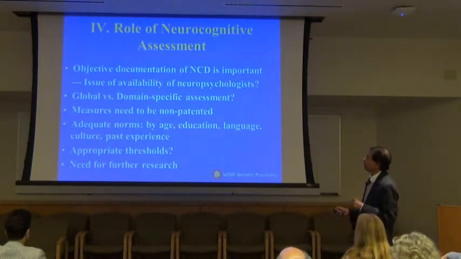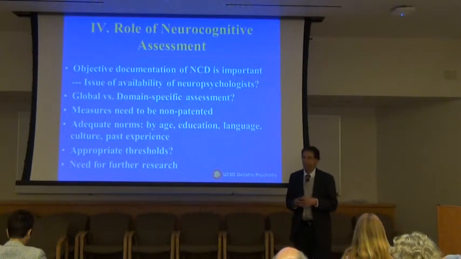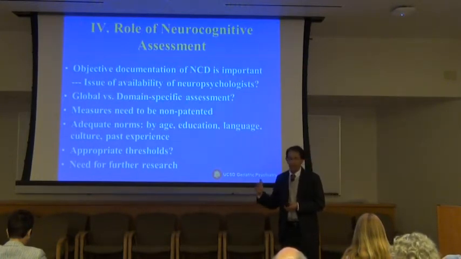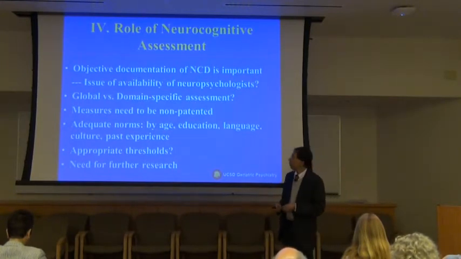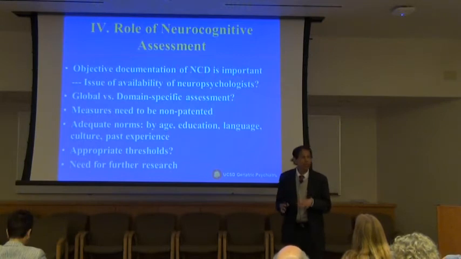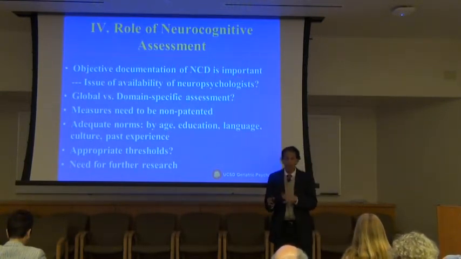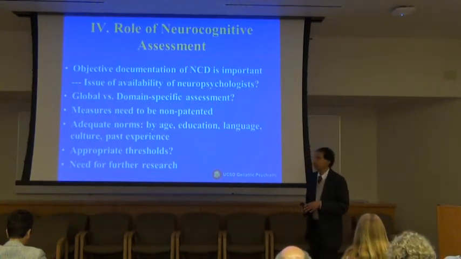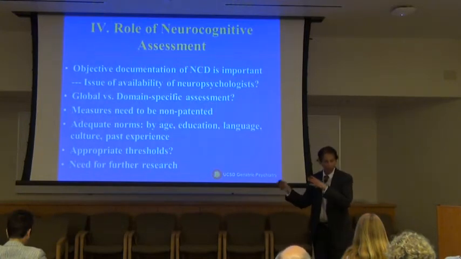Another problem is that the measures need to be non-patented. APA cannot recommend anything that is patented, just like the federal government, because then you have to pay. Most of the neurocognitive tests are patented, including the Mini-Mental State Examination. When we do that clinically, nobody bothers, but if you do that on a large scale, when the drug companies do trials using MMSE, they have to pay.